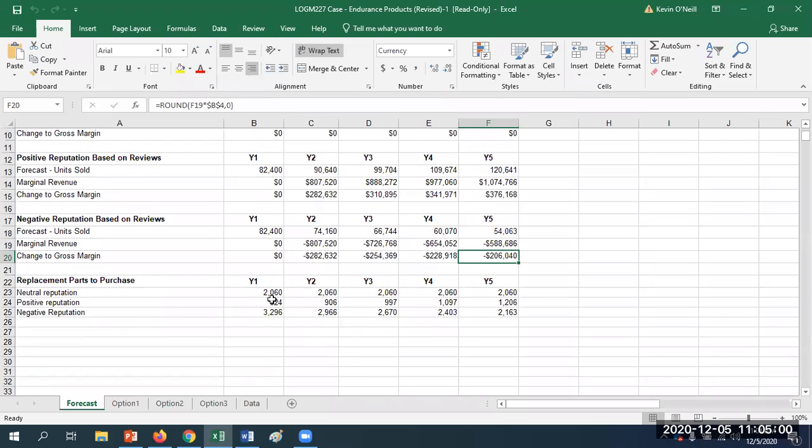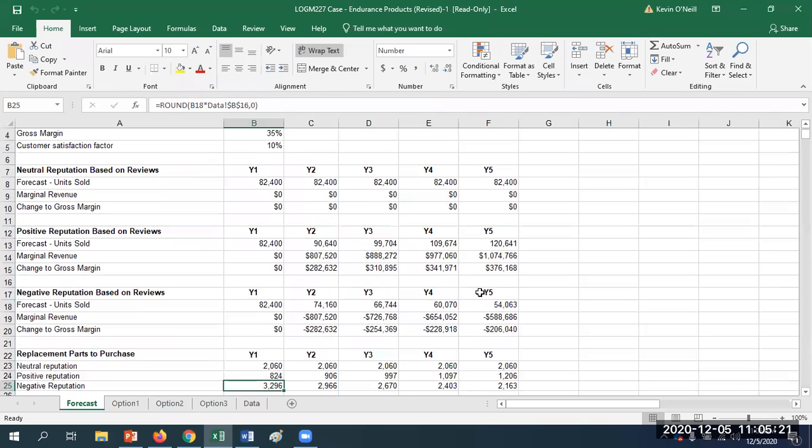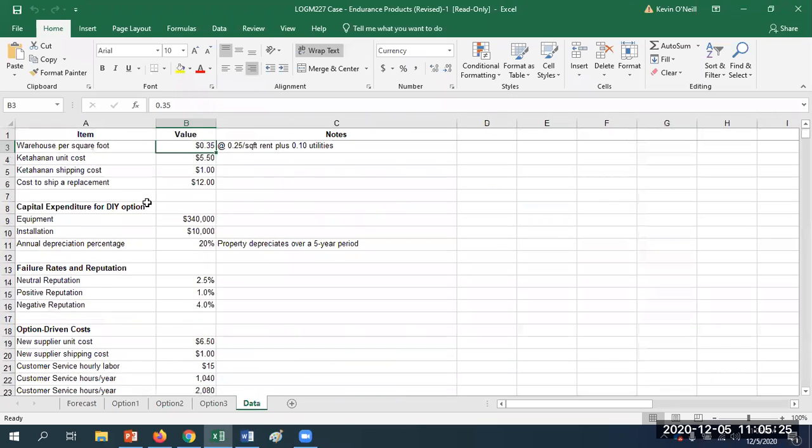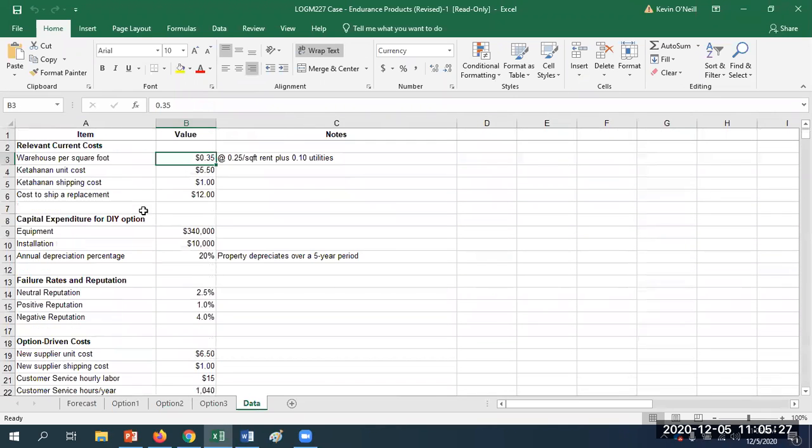There's also some data on how many replacement parts I'm going to have to stock or produce if my reputation doesn't change, which is much lower if my reputation is positive. And you see I have a tab here with data, with all kinds of constants that we use throughout these calculations.